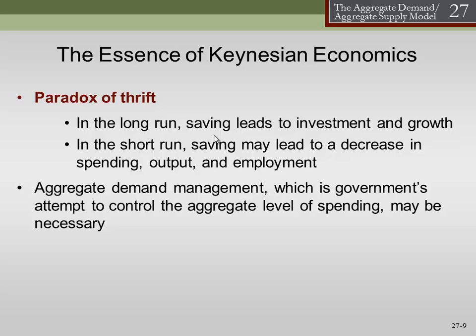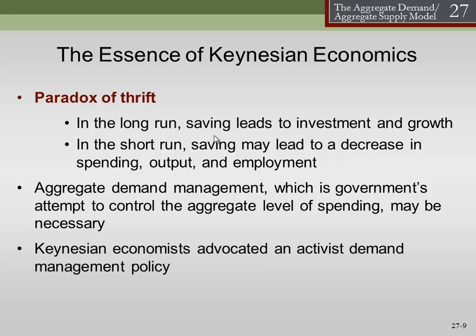So aggregate demand management, which is government's attempt to control the aggregate level of spending, may be necessary. There are times when we want the government to come in and either stimulate more spending or try to retard spending in order to manage either the downside risk of recession or the upside risk of inflation. I'll talk a little more about downside risk and upside risk when we talk about policy.